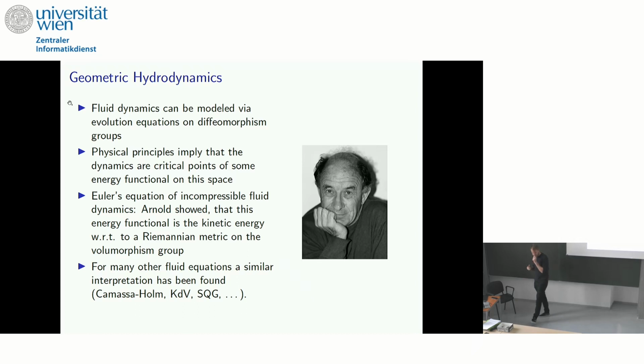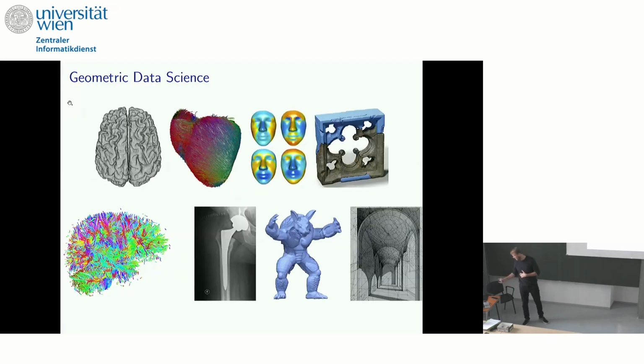I think notably there's a recent paper by Vladimir Sverak, for example, which I think is a very interesting result, where he used Arnold's geometric interpretation for the incompressible Euler equation to prove new results on Navier-Stokes in the context of vortex rings for Navier-Stokes. Very enjoyable paper that really uses the geometry and achieves results that would not have been possible without this geometric interpretation.